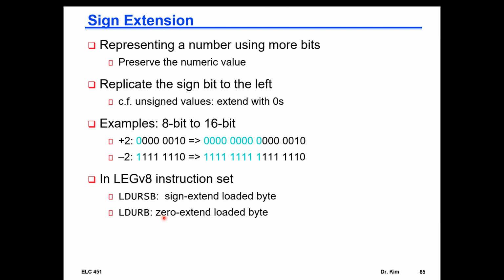How does the compiler know whether to use this instruction and extend the sign or use this one and not extend it? Well, that depends on your declaration. If you declared your byte as an unsigned short integer, which in C that's what a byte is, then it would use this instruction.